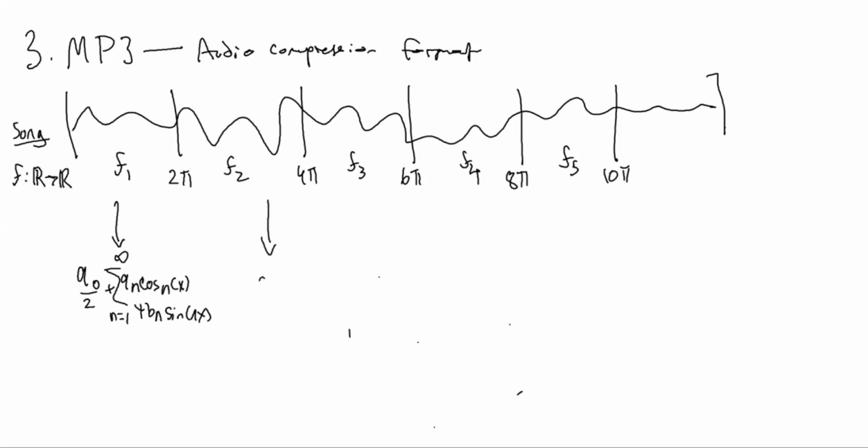Okay, so do it for each one. Now I guess I should give these names. So you have the first Fourier coefficients, the Fourier coefficients of the second one, the Fourier coefficients of the third one.